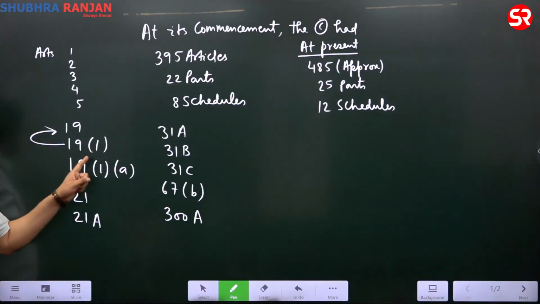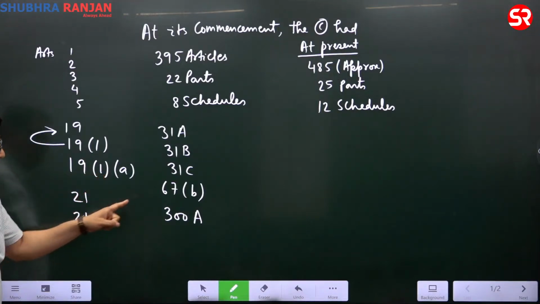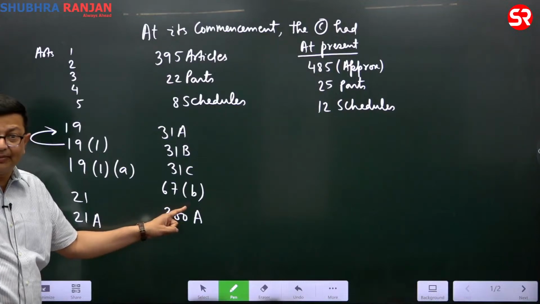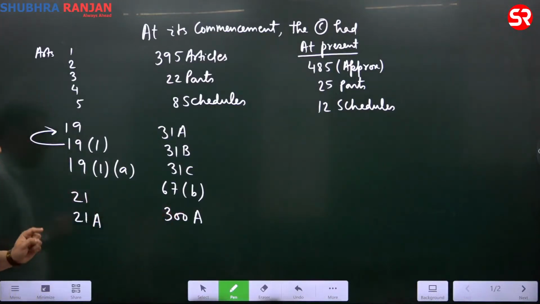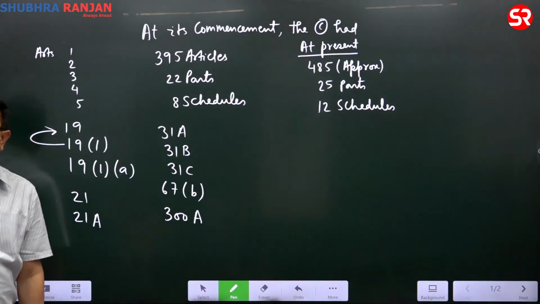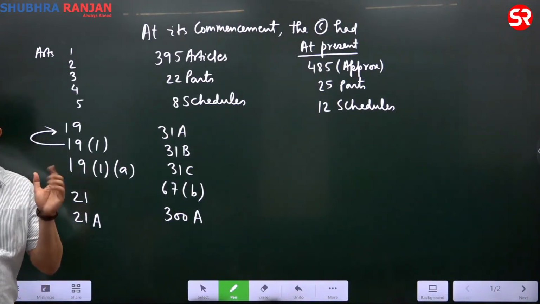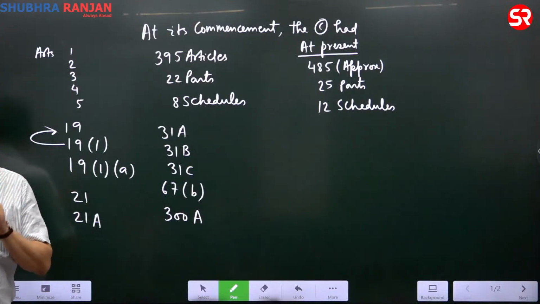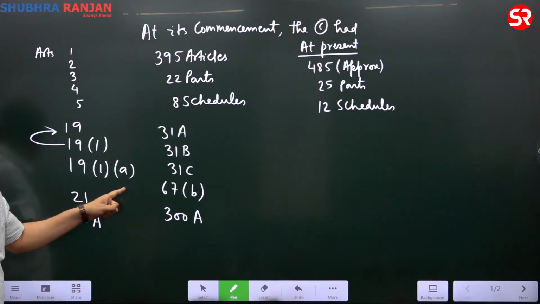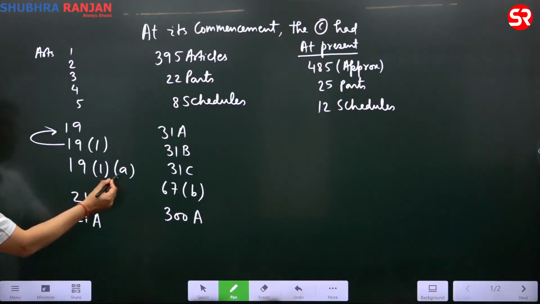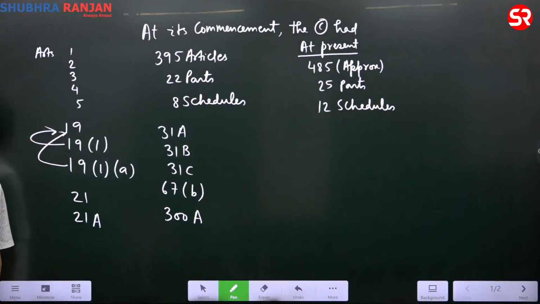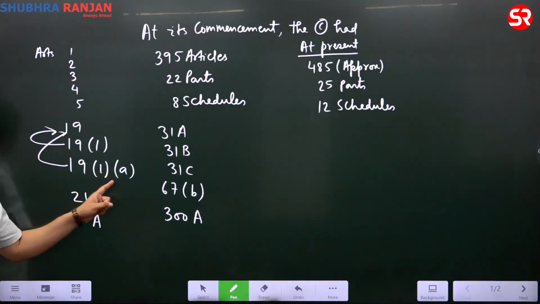It is not a separate article. Then this one is a part of article number 67. It is not a separate article. Then some of the clauses have sub clauses within them. There are very big articles as well, so they have sub clauses within them. Sub clauses are written like this: article 19 clause 1 sub clause A. It is also a part of article 19. It is not a separate article.